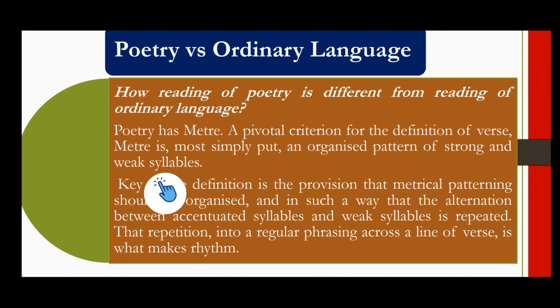Key to the definition is that the metrical pattern should be organized in such a way that the alternation between accentuated, meaning strong, syllables and weak syllables is repeated. This repetition into regular phrasing across a line of words is what makes rhythm.